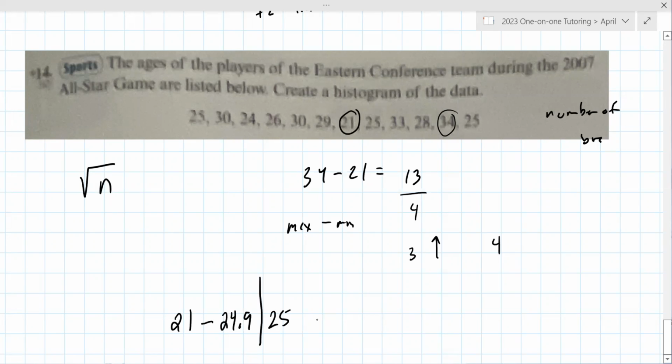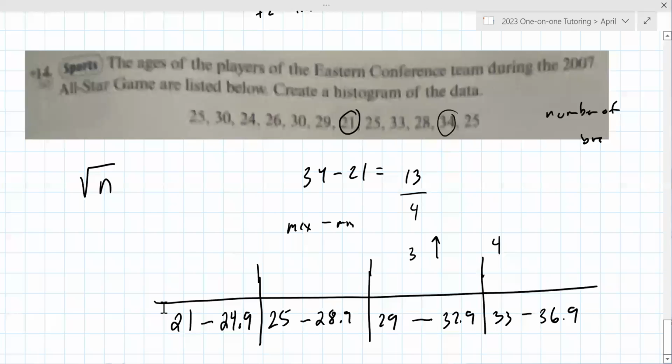Then your next bin is 25, go up by 4 to 28.9. Then 29, and you go up by 4 to 32.9, and 33 to 36.9.